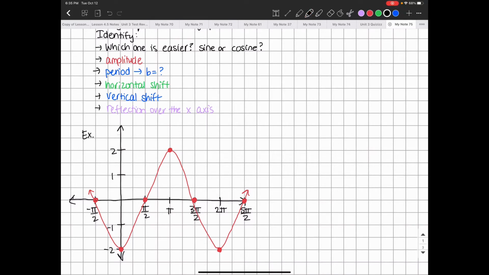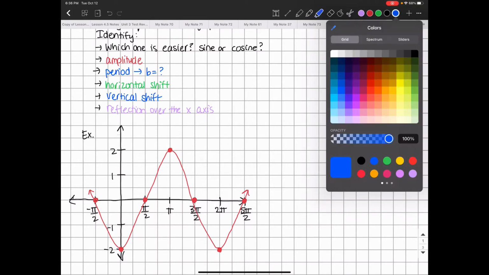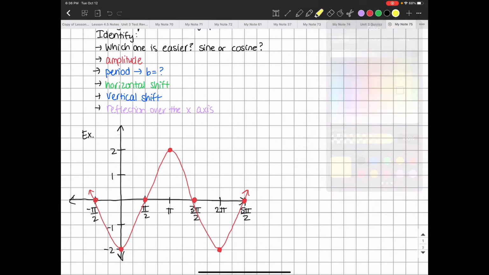The first thing that I want to decide is whether it is easier for me to use cosine or sine to write an equation for this. What I really want to look for is either a C shape or an S shape starting at 0. So I'm going to look from 0 to the right for one full cycle.